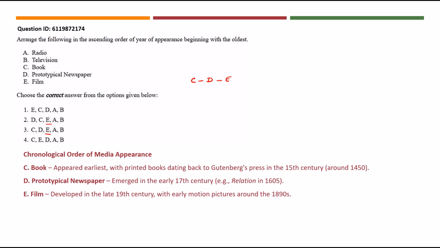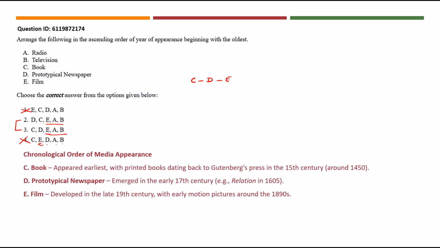Though we don't know whether C or D is first, we can try the EAB order, but that is available in two options. And film cannot be first in the chronological order, so we can rule out 1. Since E comes before D, we can even rule out 4.